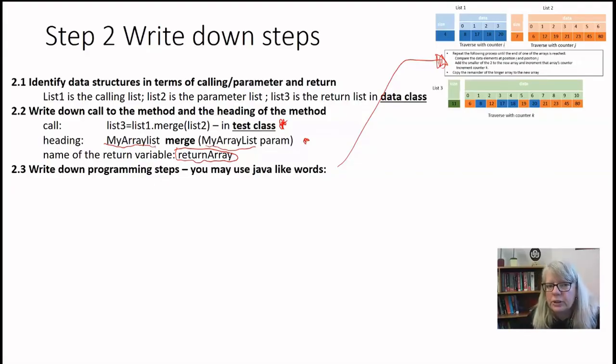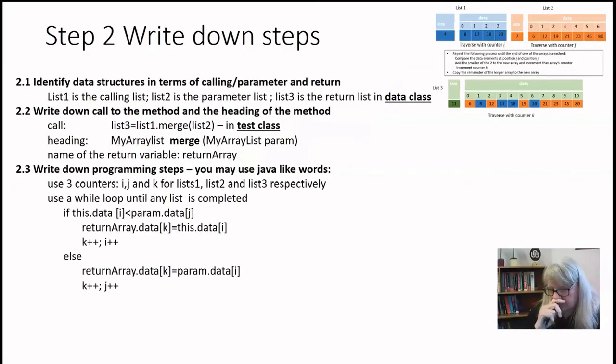If you don't know what to do, go into the previous class example just to get the hang of how to write steps. Your steps need not be like mine, not at all, but it must have the same idea. I say use 3 counters, I, J, and K for list 1, 2, 3 respectively. Bang, there they are.